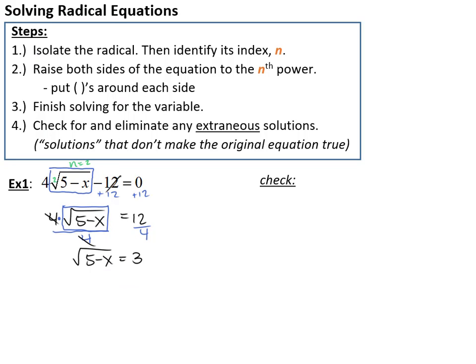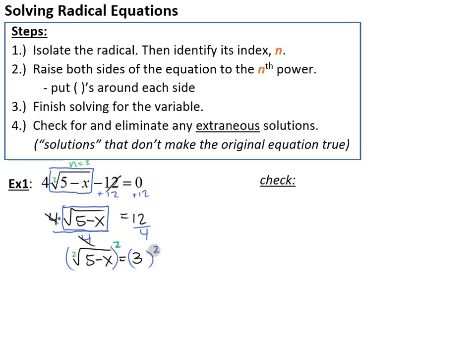Next would be raise both sides of the equation to the nth power. Here, n, our index, is what root this is. If this is a square root, we need to raise both sides, and it tells me to put parentheses around each side, to the second power. Whatever that index is, that's what we're going to raise both sides to.